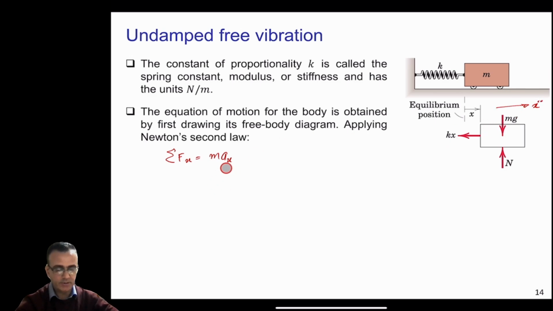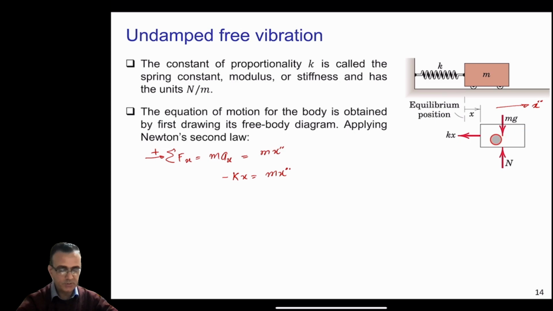So x double dot is our acceleration, so we will call that mx double dot, and we will assume that this is our positive direction. Then the spring force is in the negative direction, so it will be minus kx equals mx double dot.